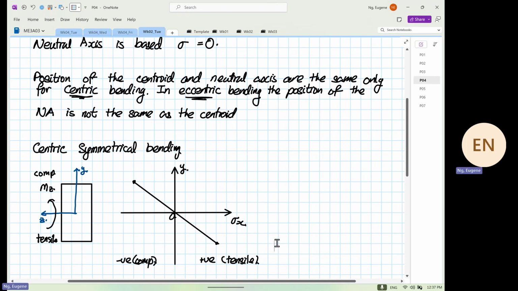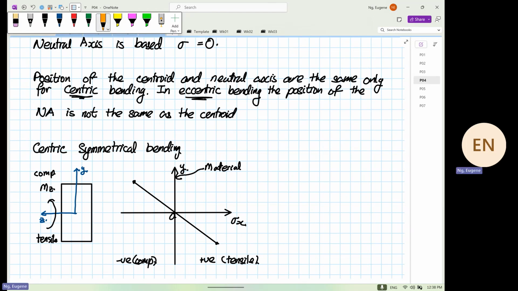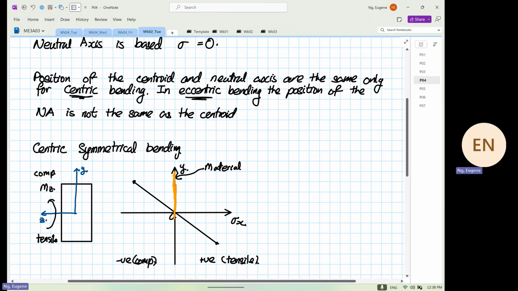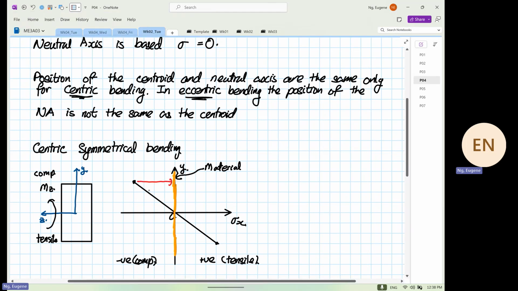Now, I'm going to teach you how to sketch your graph. At zero, at this point, this is where the material is. This vertical line over here is where the material is. Compression means you sketch the arrow pushing into the what?